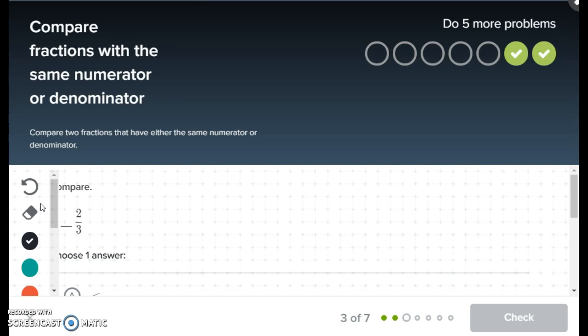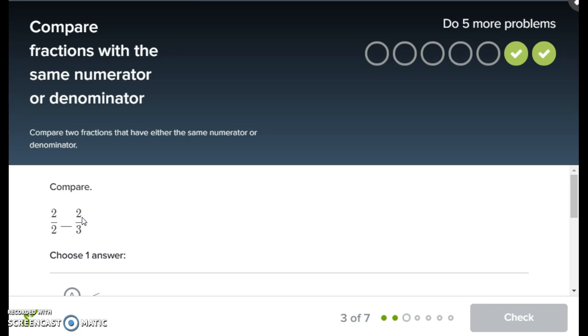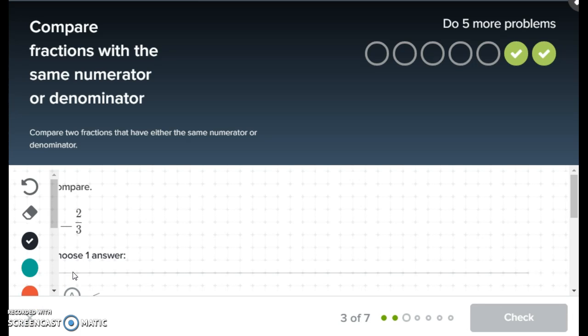So compare. They have the same numerator, but different denominators. As we said before, this one is 2 over 2, and this is 1.